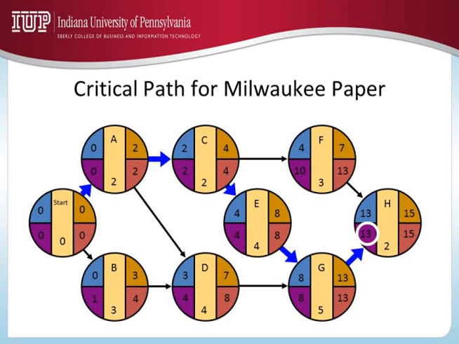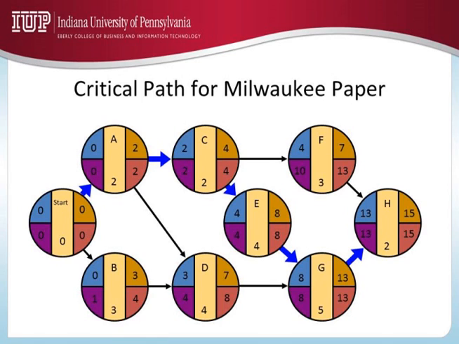Got it? So you may wonder, there's no difference between this and this. We'll get to that. So the latest time you can start H is 13. Okay? Now, if that is the case, both F and G have to be completed before H starts, right?